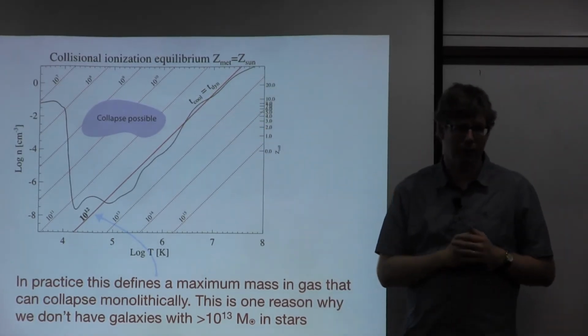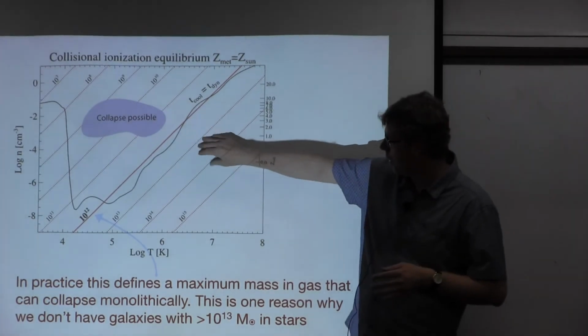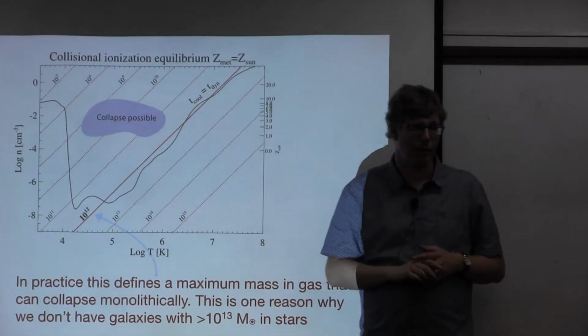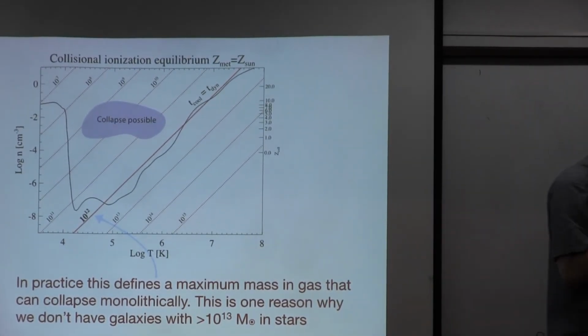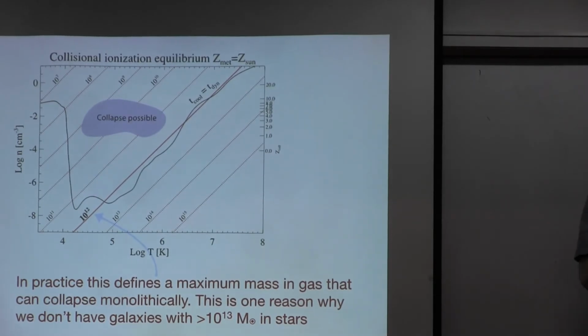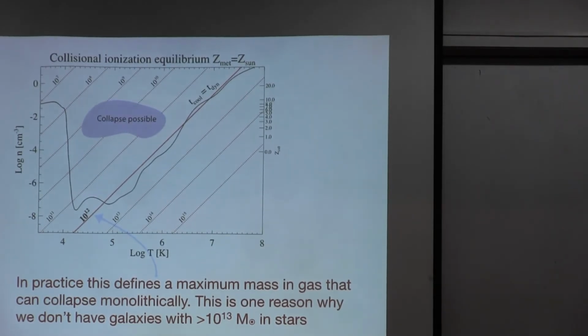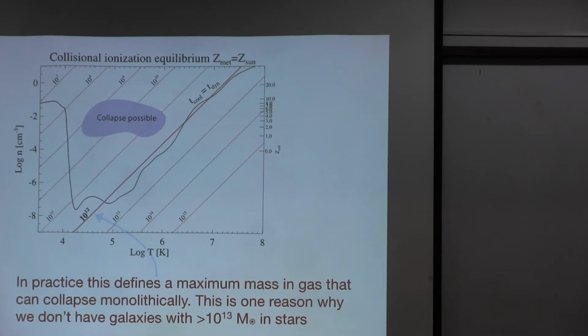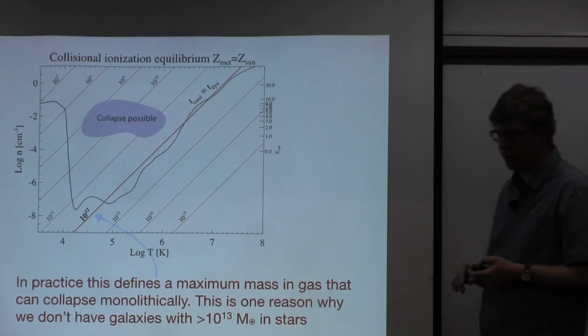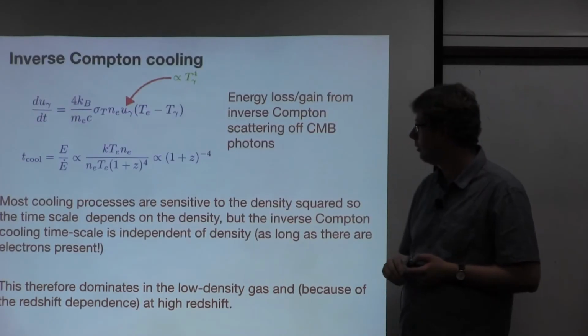It's typically hot and relatively low density, so you have absolutely no chance of cooling it. And that's why galaxy clusters are so full of hot ionized gas. You see it everywhere. So this cooling function is really essential for a large number of cases.